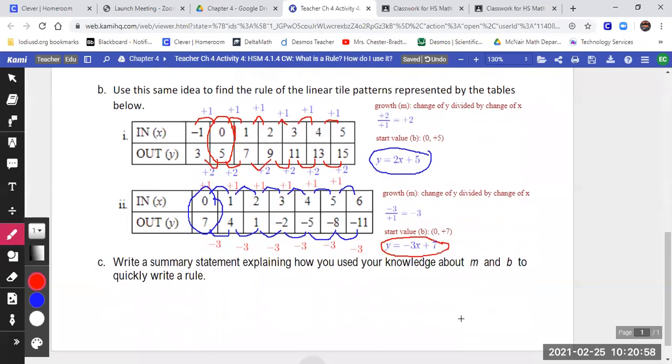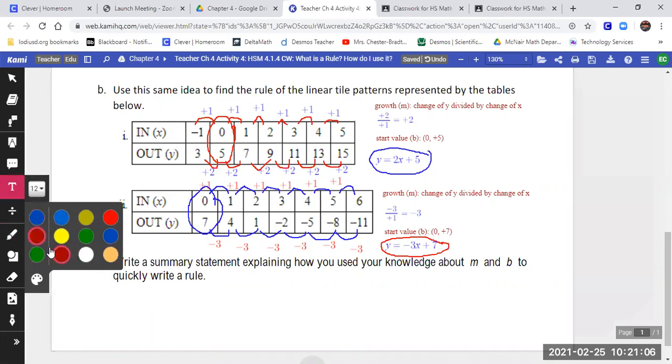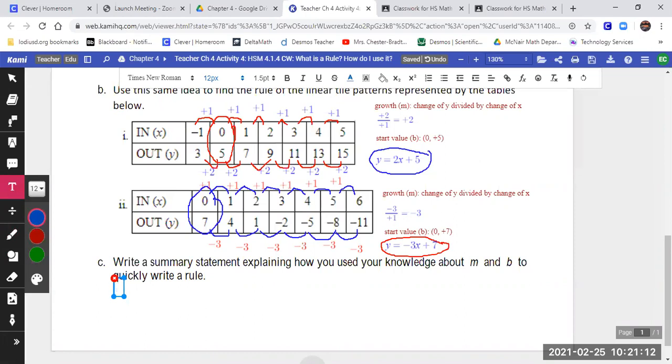Okay. Write a summary statement explaining how you used knowledge of M and B to quickly write an equation. So, how did we use our knowledge of M? What does M stand for again? Okay, we used M, which is our growth. Okay, and B, which is our start value when x equals 0, right?